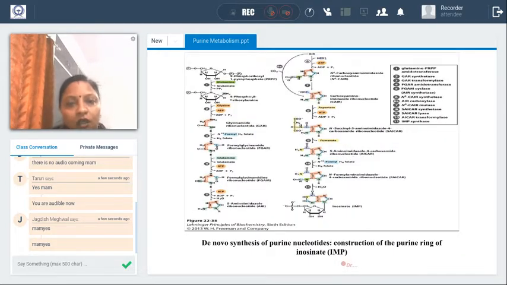This is the whole pathway of the de novo synthesis of purine nucleotides. Ultimately, we get the IMP molecule, that is inosinate, inosine monophosphate. We will discuss one by one.